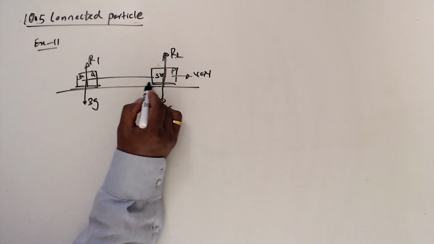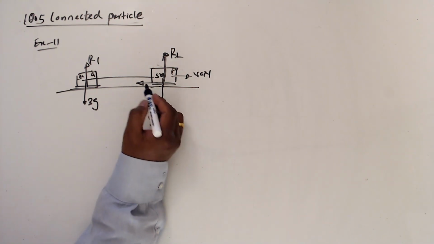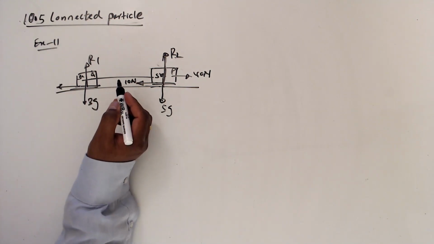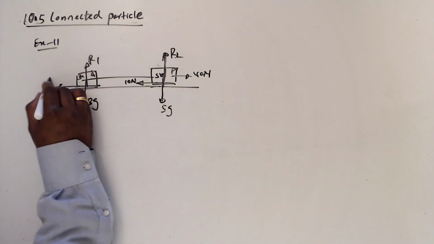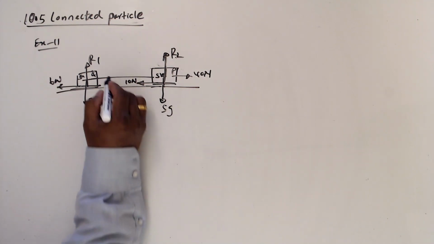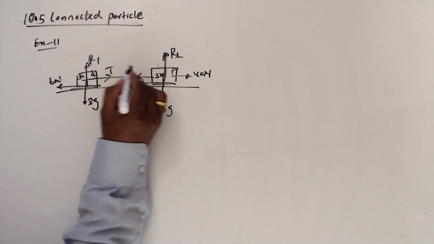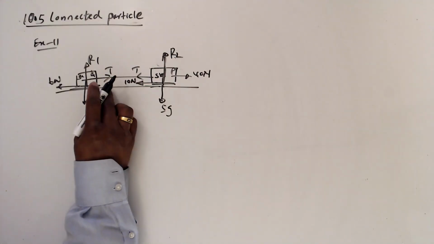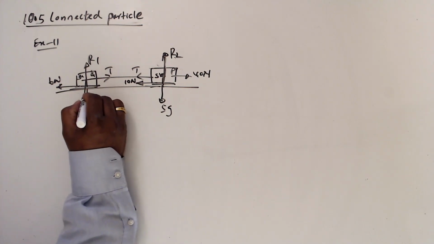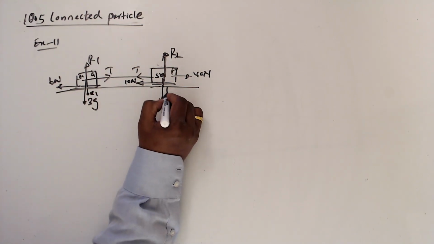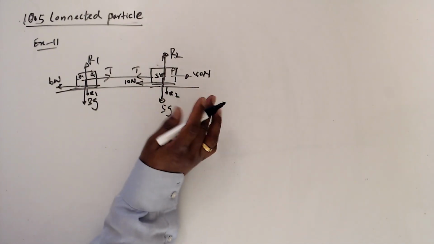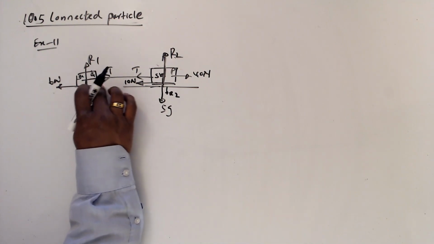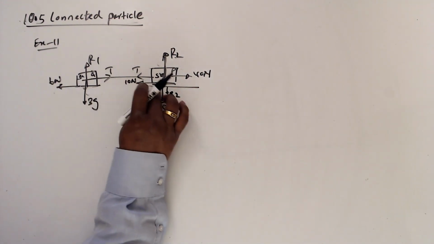Since this is a rough plane, it has a friction force of 10 Newton on this one and 6 Newton on that one, and this is T, tension, because this is pulled by 40. There is R1 and R2 to the surface, which we disregard.